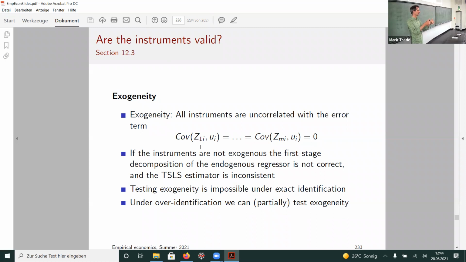The only problem is that we use the uncorrelatedness of the error term and the instruments to do the estimation. So empirically, the covariance between the instruments and the residuals is always exactly 0. That's just our input into the estimation.